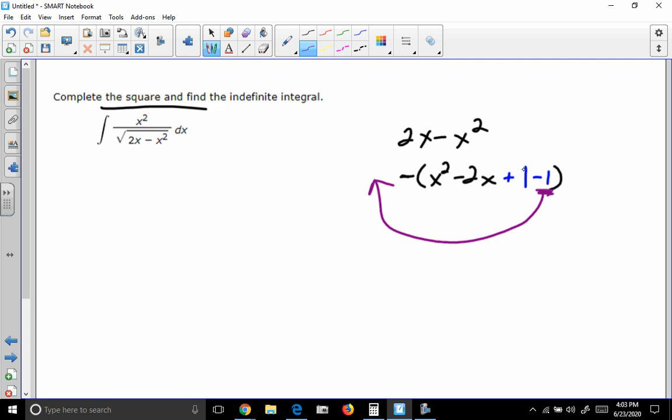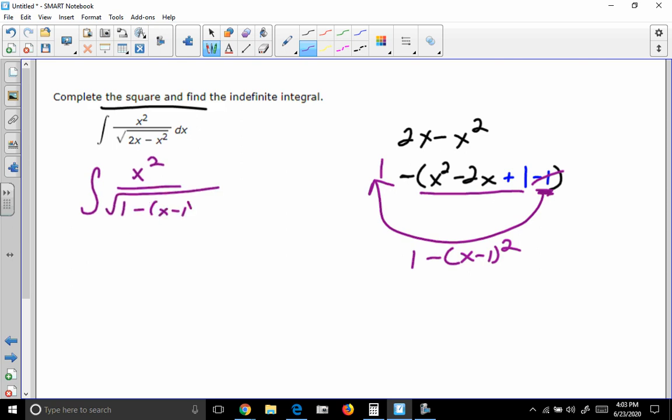This is minus 1 here, minus a negative, so that's really going to be a plus 1 when we take it out. So 1 minus that factors to x minus 1 squared. So that's what we have underneath the radical. We could rewrite this as x squared, the square root of 1 minus x minus 1 squared dx.